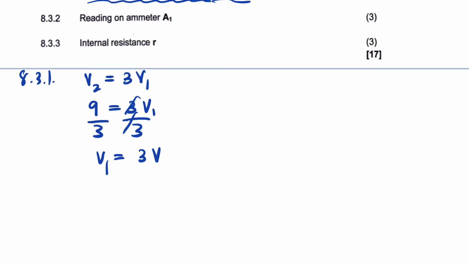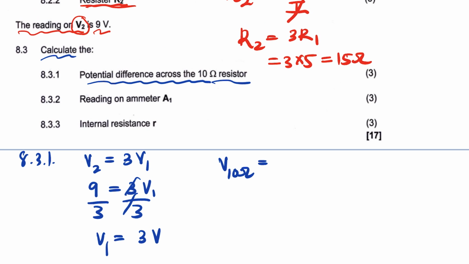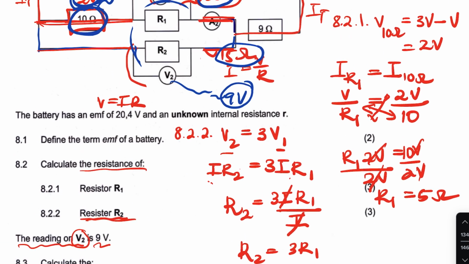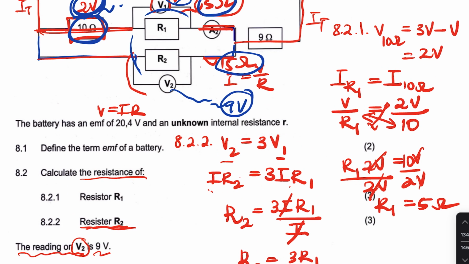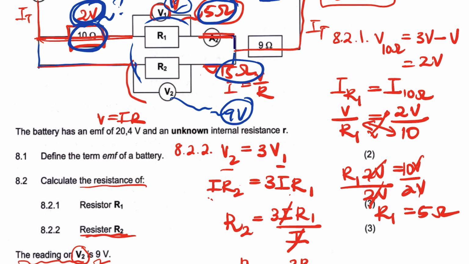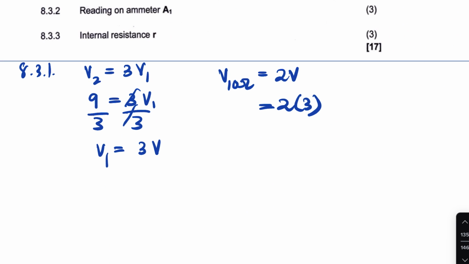So we're going to say the V in the 10 ohm resistor is equal to 2V. And then what is our V? It's 2 times 3. V is 3. This voltage is V, and this is 3V. It's 3 times V, which is 6 volts. Right? I hope I make sense.